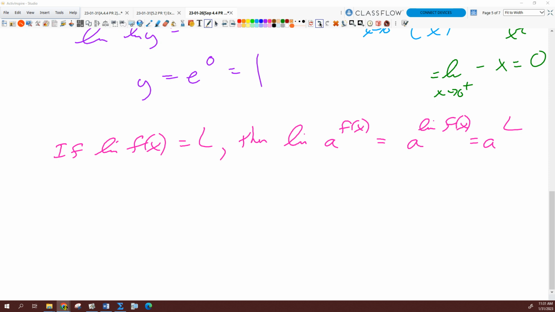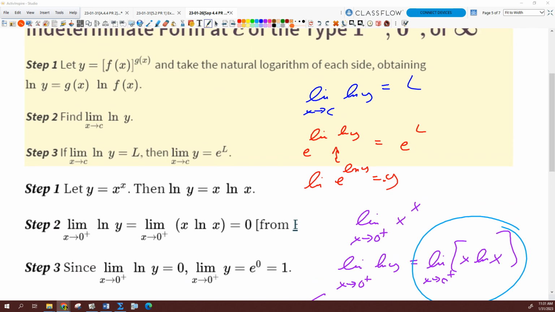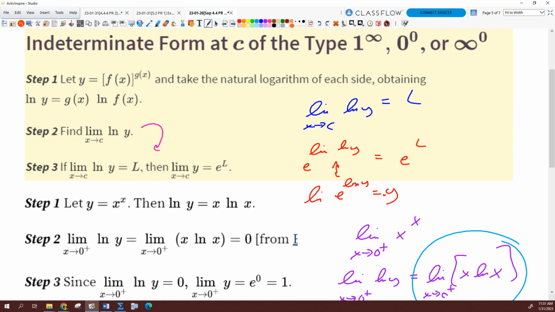That makes sense? That's a property of limits that we just have, that we can use. Okay? So that's what allows us to go from there down to there.